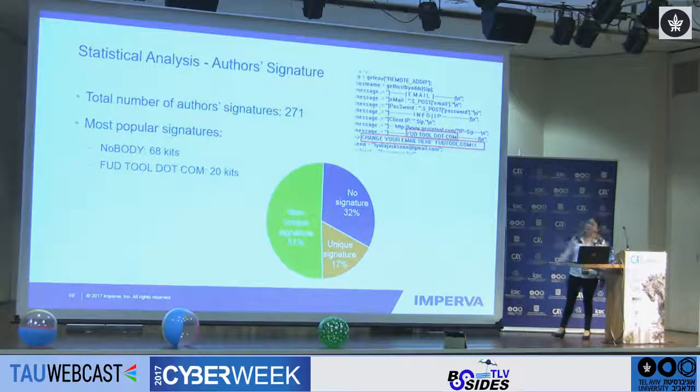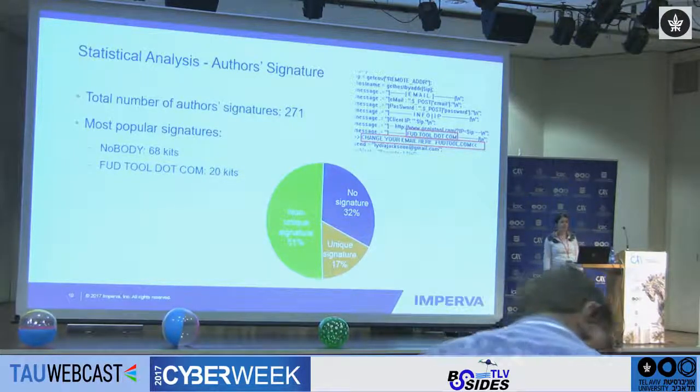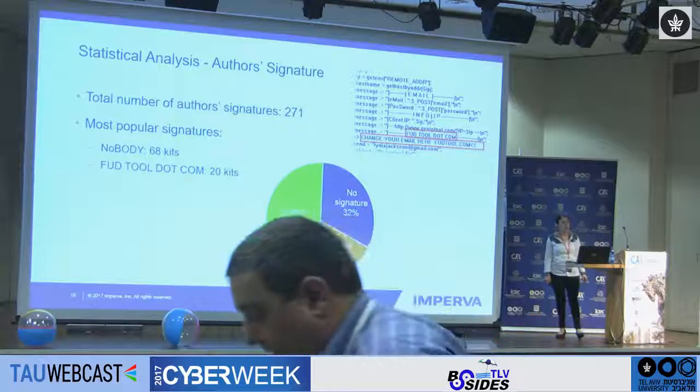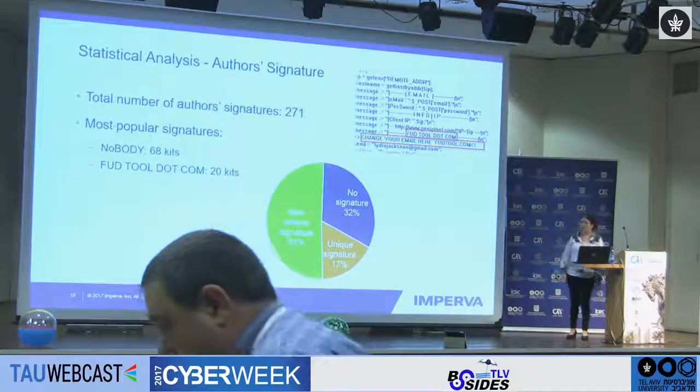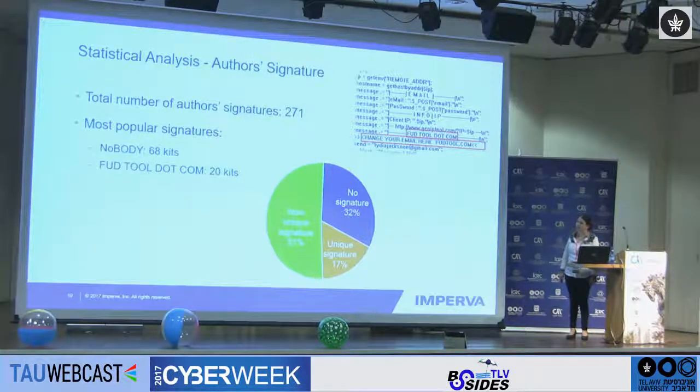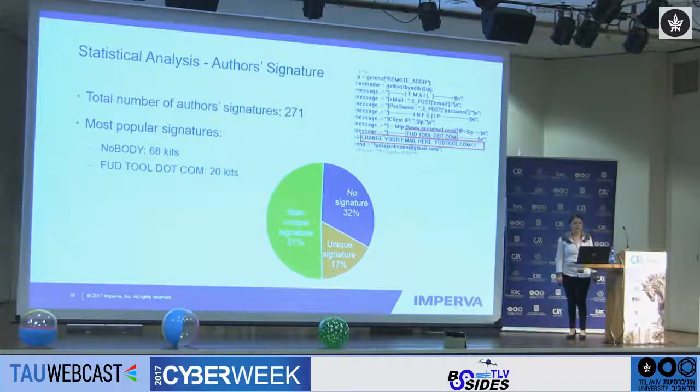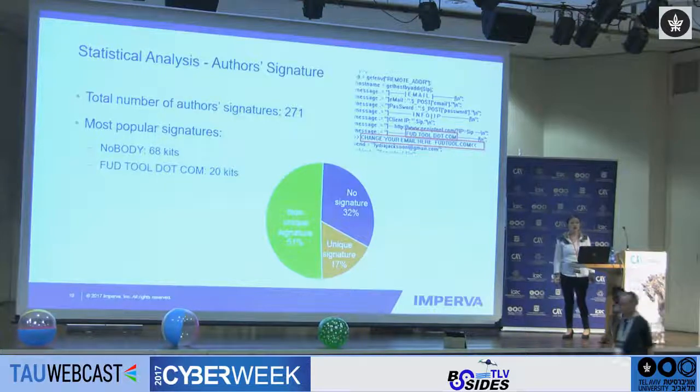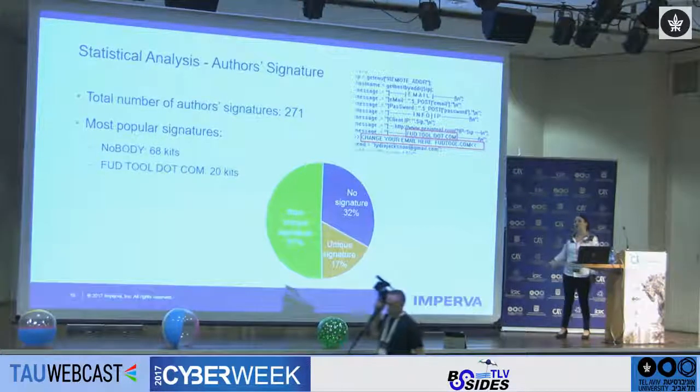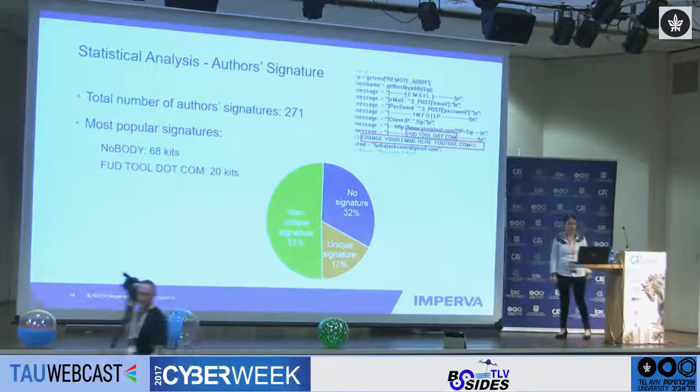The following is a statistical analysis of author signatures. From all analyzed kits, we extracted 271 author signatures, while 32% of kits didn't contain any author signature. 17% of kits contained a unique signature, and half of the kits contained a non-unique signature.